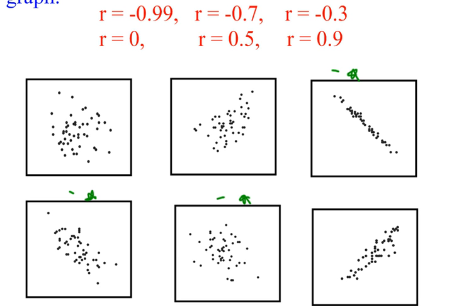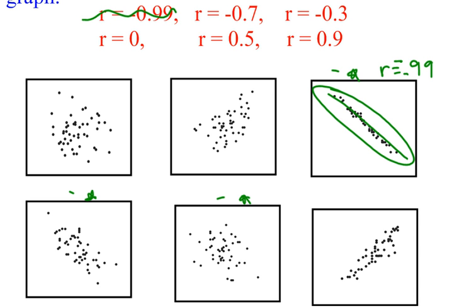When I look at those, I'm going to say which one is very strongly negative. This would be considered a strong correlation. Definitely negative, and the dots are all together. So this would be the closest to negative 1, so I'm going to say this r would be negative 0.99, because that's almost negative 1. Then I'm going to look at my next strongest negative correlation.